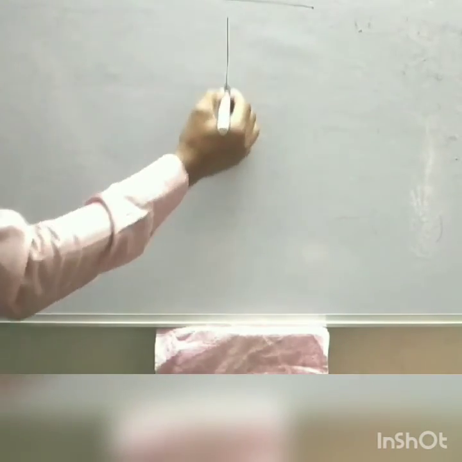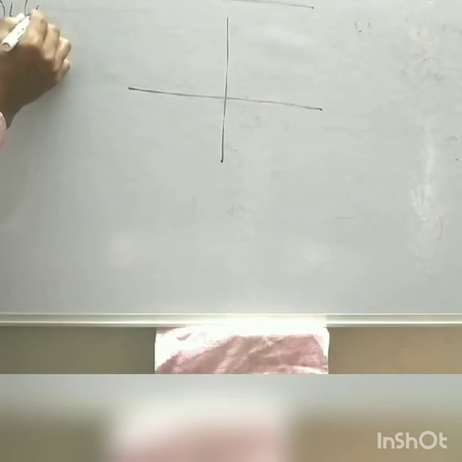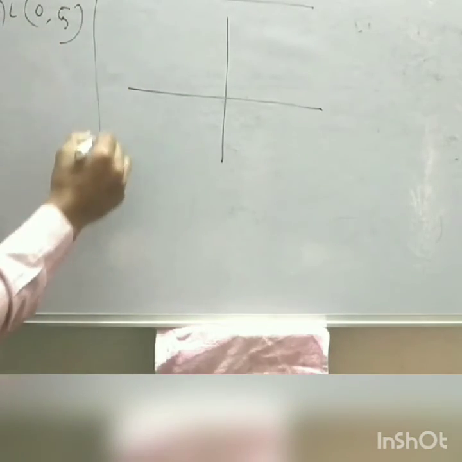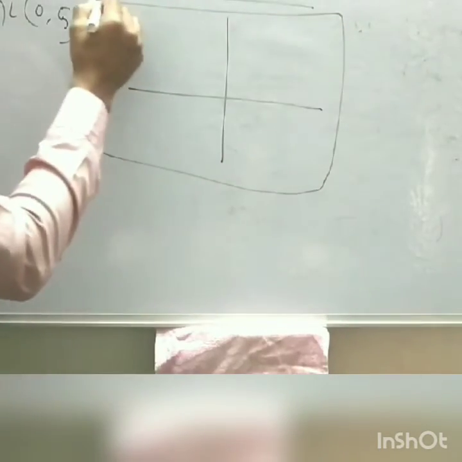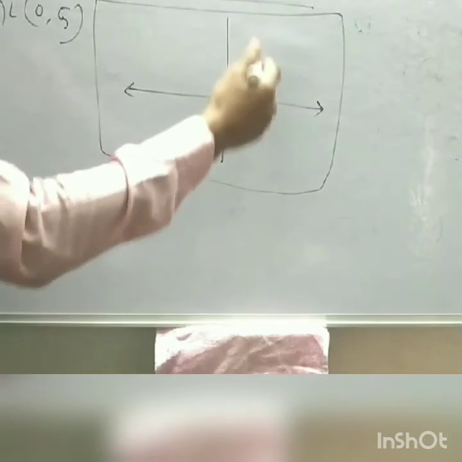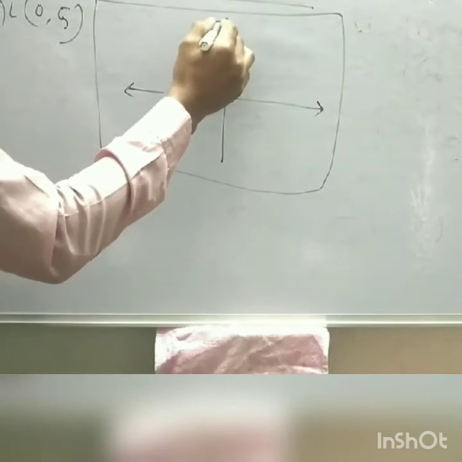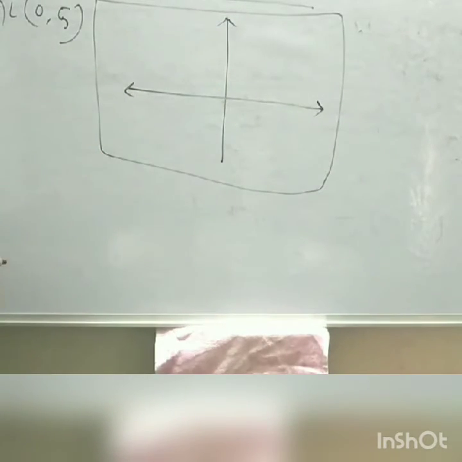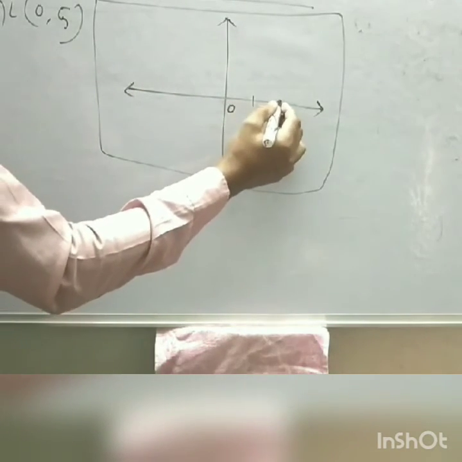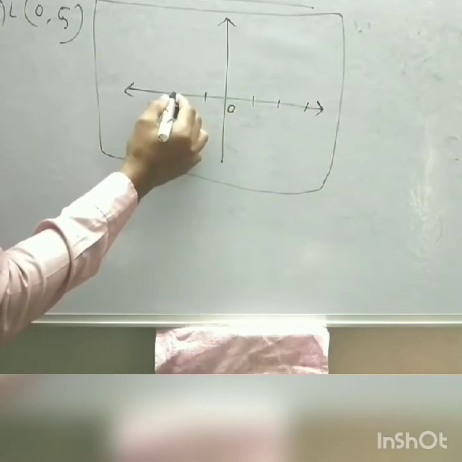We will plot some points on the graph paper. Question A: L (0, 5). While we have a graph paper like this, here we will draw the x coordinate and y coordinate, that is the Cartesian plane, which is 0, 1, 2, 3, -1, -2, -3.